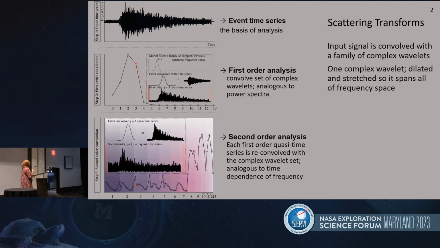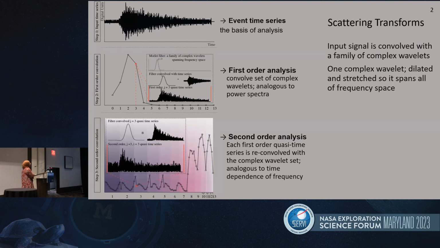And then when you convolve this family of complex wavelets with your input data to the first order, you get a set of coefficients that are analogous to power spectra, because each individual wavelet corresponds to a specific frequency band.